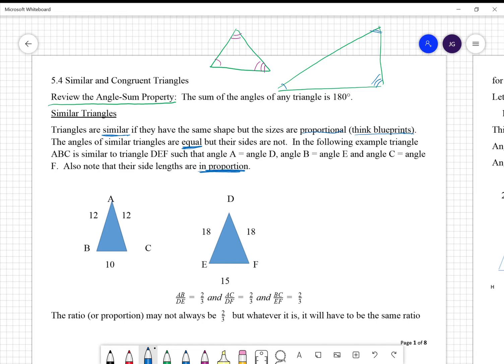So in the following example, triangle ABC is similar to triangle DEF, such that angle A equals angle D, angle B equals angle E, and angle C equals angle F. It's written that way on purpose.